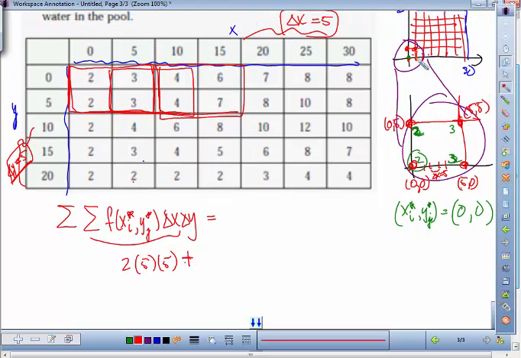That's my first box. My second box will be over here. And then the lower left-hand endpoint there would be this value over here, which has a z value of 3.